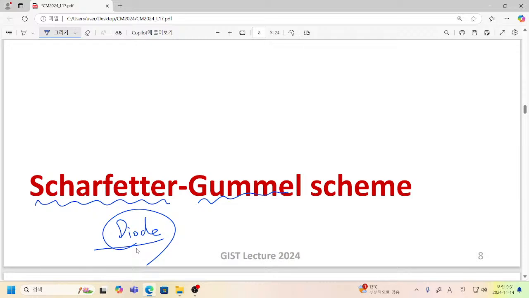In their paper, this new scheme can be found not in the main body, but in the appendix of that paper. You can find a short description about their new scheme. Maybe they didn't think that this was a big contribution at the time; the contribution was just analysis on that special diode.